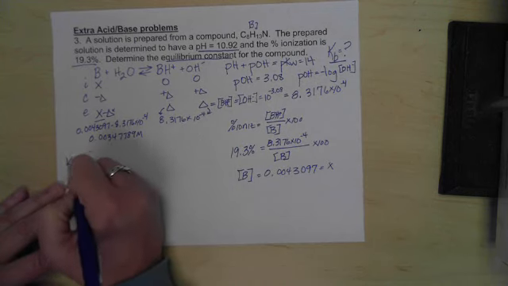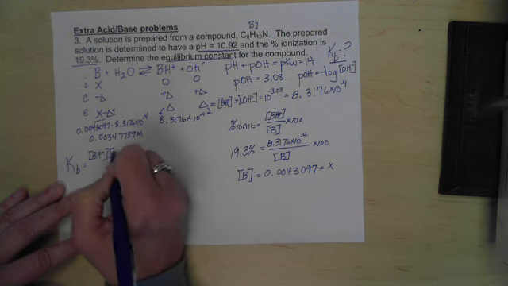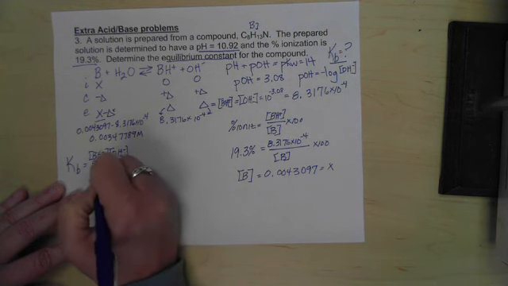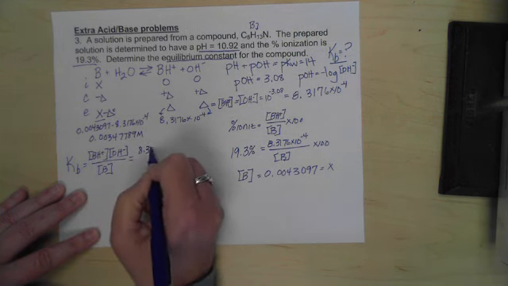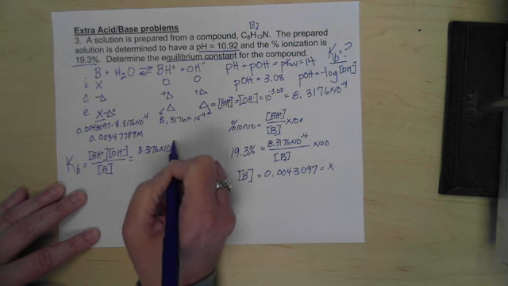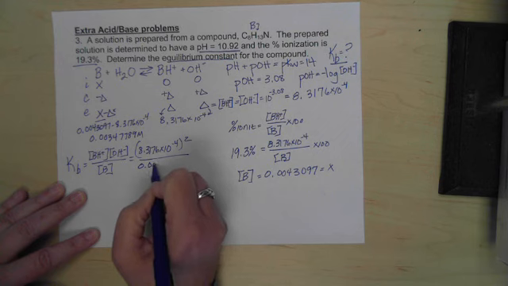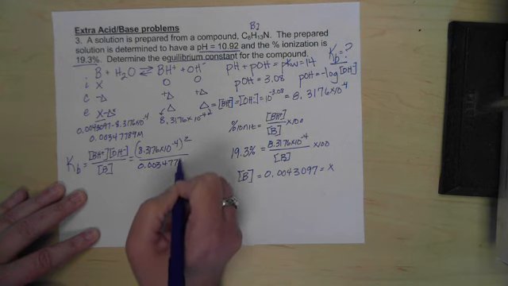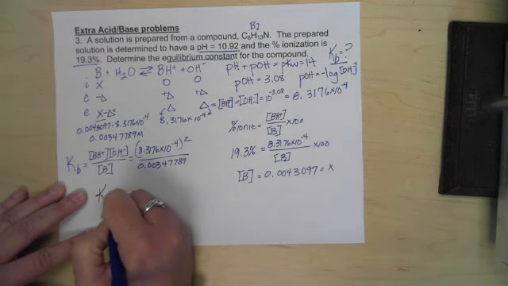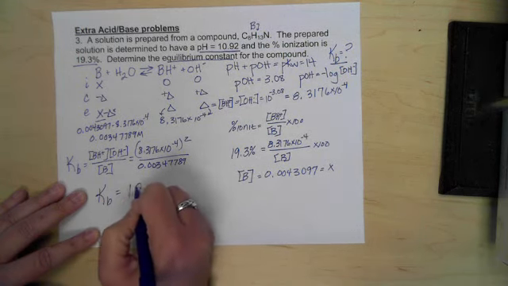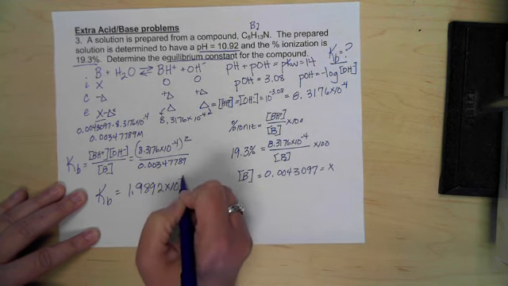Well, Kb is equal to the BH plus times the hydroxide over the base. So we know that that's 8.3176 times 10 to the minus 4th squared divided by 0.00347789. Okay, so my Kb should come out to be equal to 1.9892 times 10 to the minus 4.